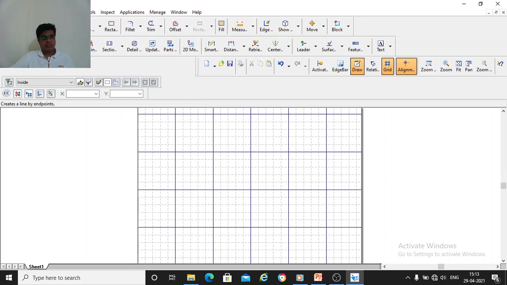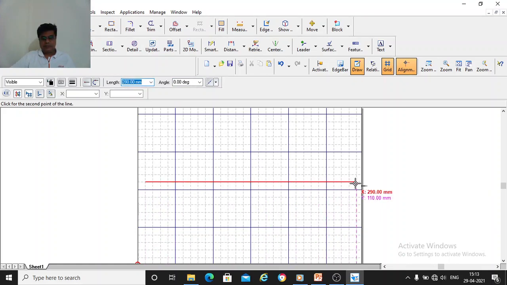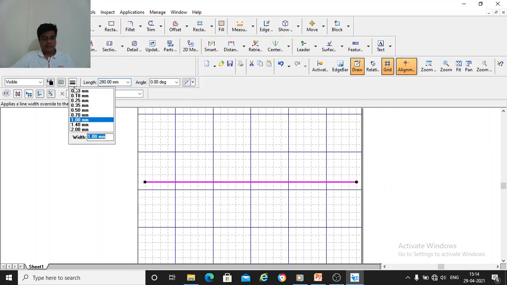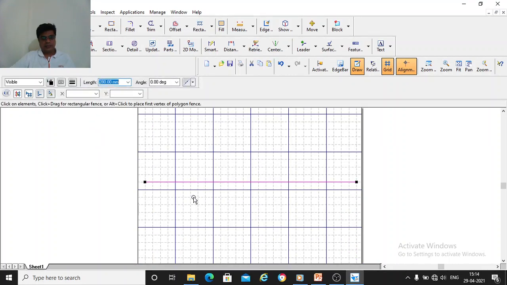Take your microtip pencil and draw this XY line from any point to the other end of this page. Approximately you can draw it in the center, and this line should be thin and light, as I told you. So this is the XY line.